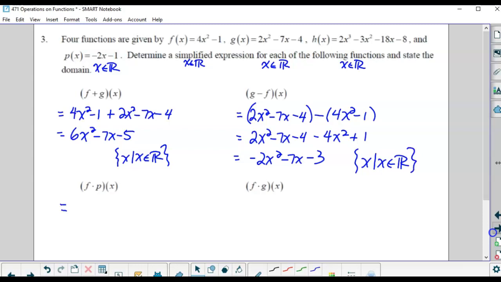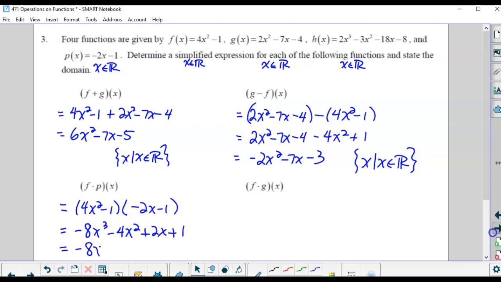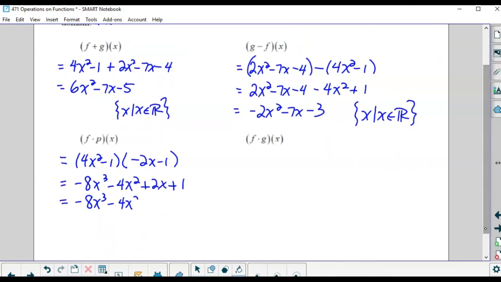Then multiplication of f and p. Oh, I didn't have to, there's nothing to collect there. Okay, that was done.